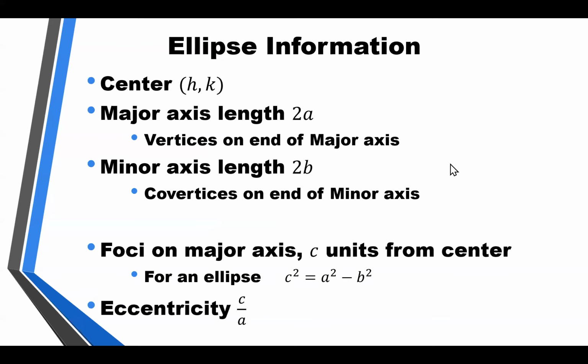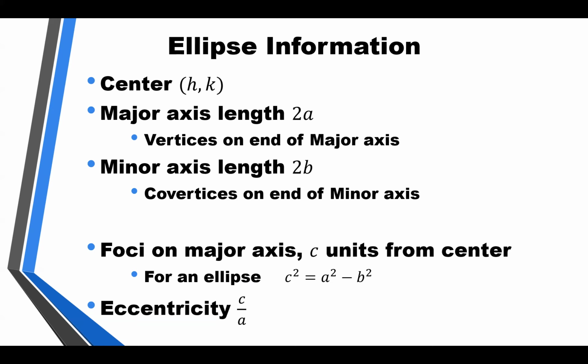So here is the information for an ellipse. Like I said, the center is at the point (h, k). The major axis, which is the longer one, is going to be of length 2a. And we say that there are vertices on the end of the major axis.